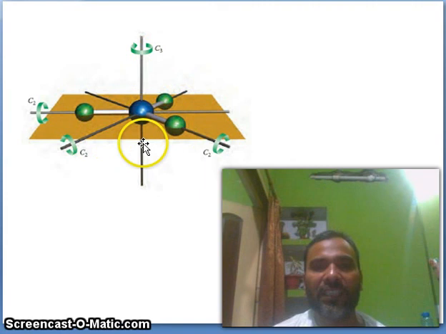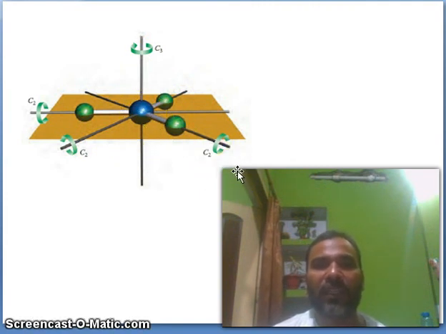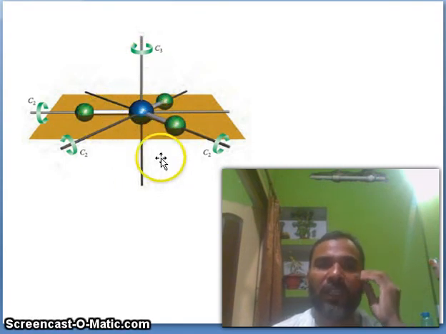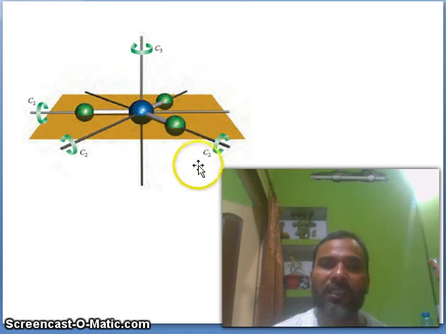So your main axis of symmetry is C3, but you have the 3 C2, and you can distinguish them, because this is C2 prime, this is C2 double prime, since this C2 passes through this BF bond, which is different from this BF bond and this BF bond. So the main axis passes through boron and the C2 axes pass through the BF bonds.